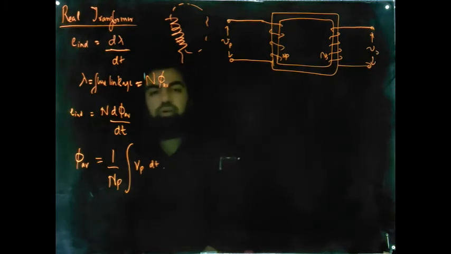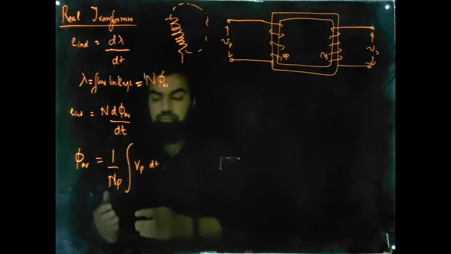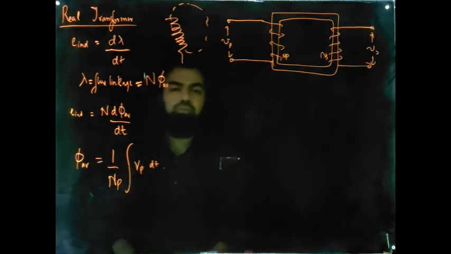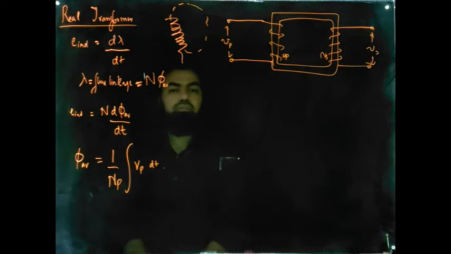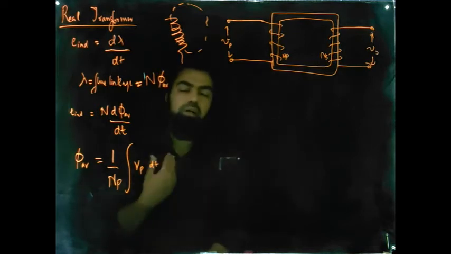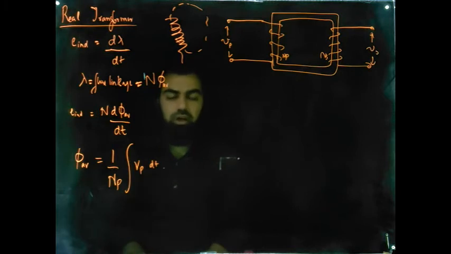But in case of a real transformer, all of this flux is not actually concentrated. All of the flux that's developed by Vp is not concentrated along each and every turn of the transformer.